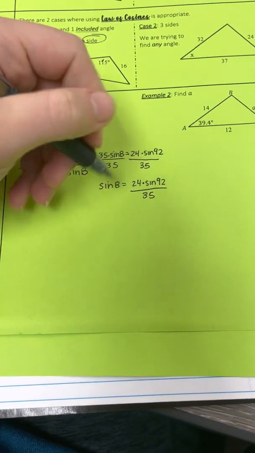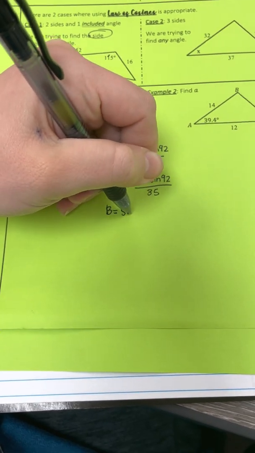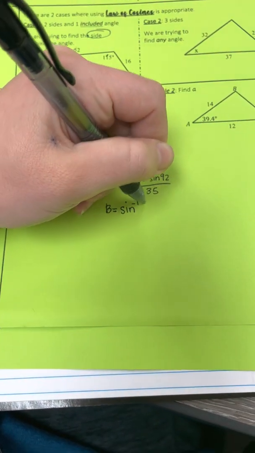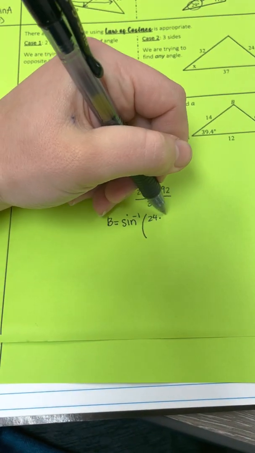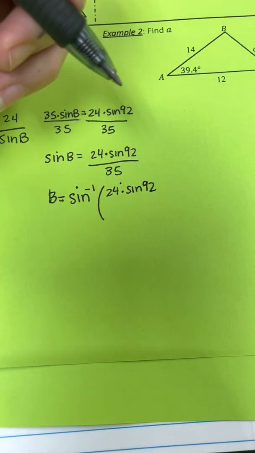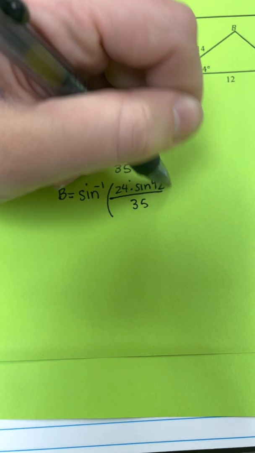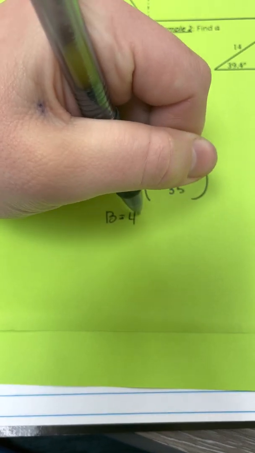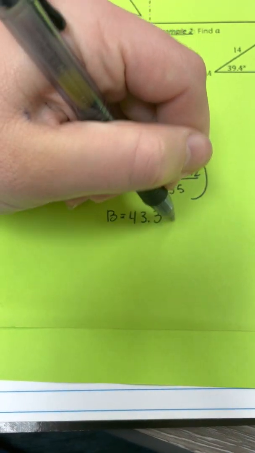So when we have it like this, we have to do the inverse of sine. So B is equal to sine to the negative 1 of 24 times sine 92 over 35. Once you plug that all into the calculator for B, we will get 43, I'm going to round, 0.3 degrees.